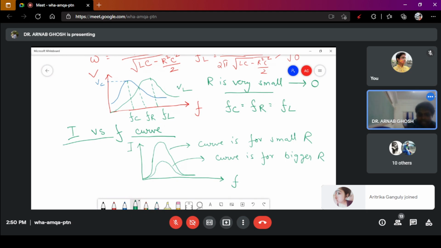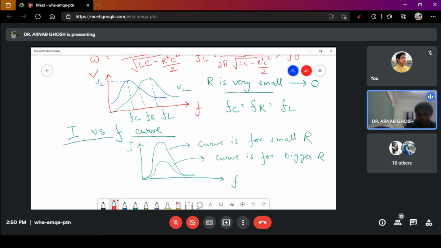Now, this is your resonant frequency, which we are writing as F0. You have two other frequencies here and here.